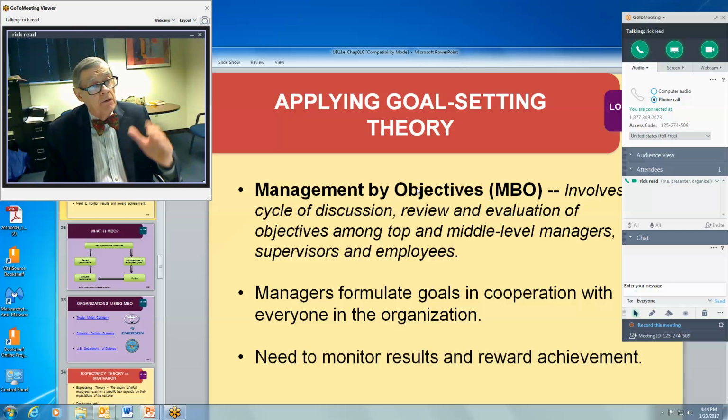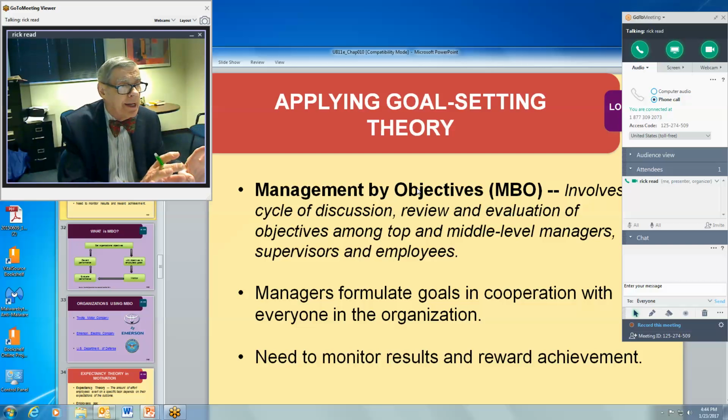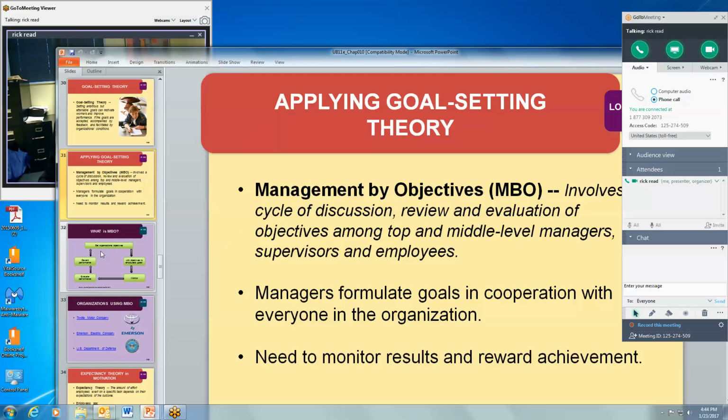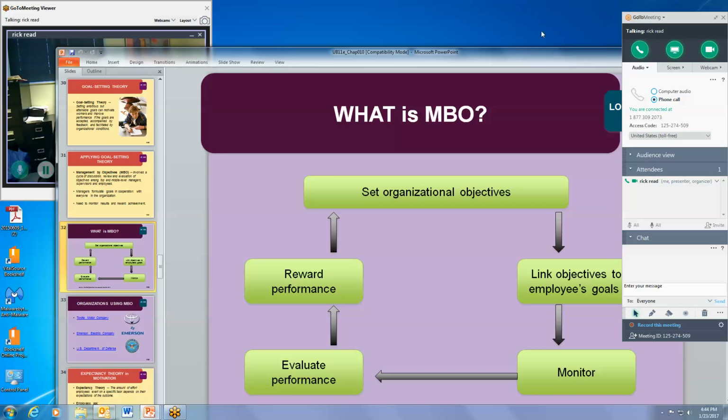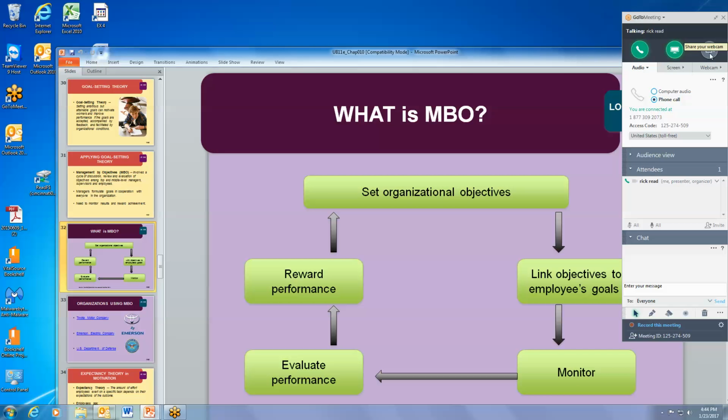There's a lot of paperwork required, and there's a lot of review process required. That doesn't mean it can't be done. It just means that if you get into this, you have to understand that there are some constraints, and they have to be worked through. Now this is organization. What's MBO, management by objectives?